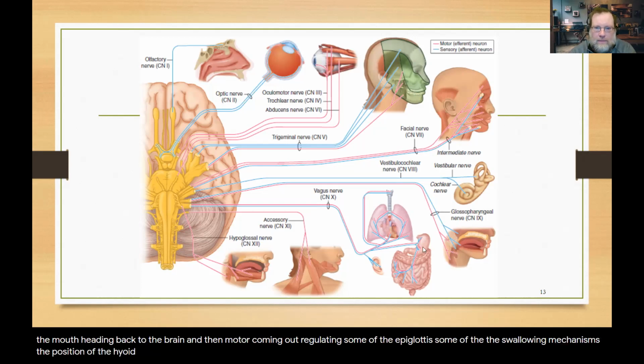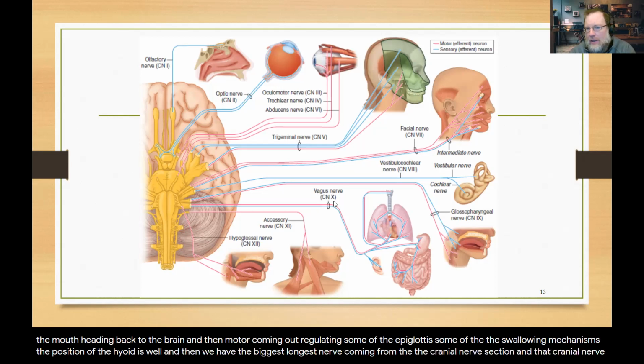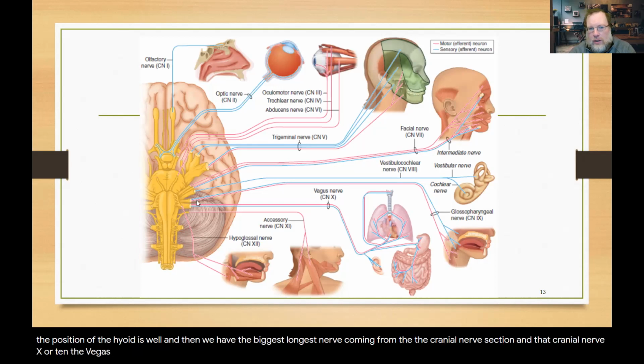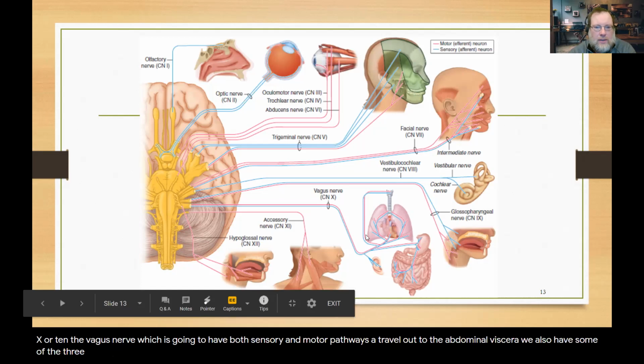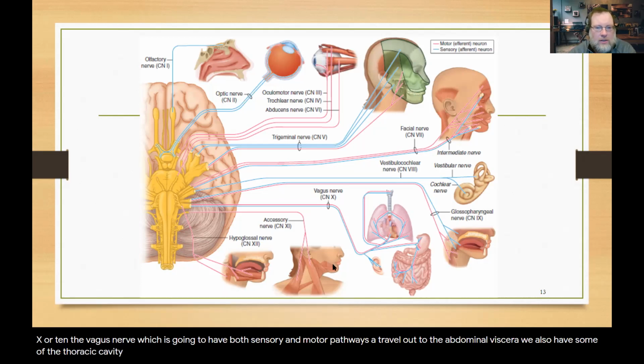And then we have the biggest, longest nerve coming from the cranial nerve section, and that's cranial nerve X or 10, the vagus nerve, which is going to have both sensory and motor pathways that travel out to the abdominal viscera. We also have some of the thoracic cavity viscera, the heart and lungs.